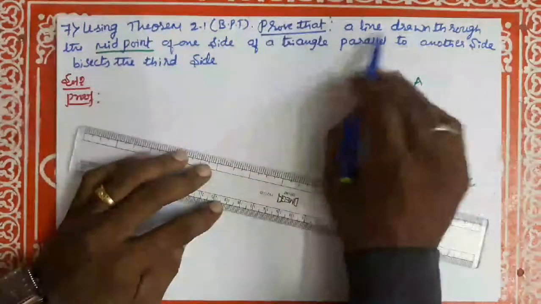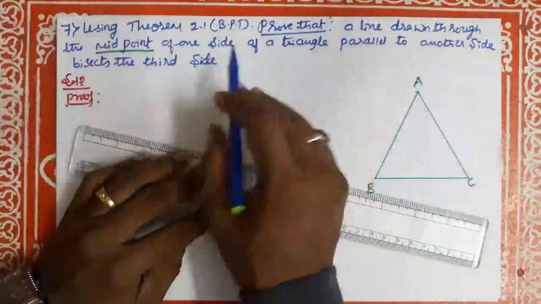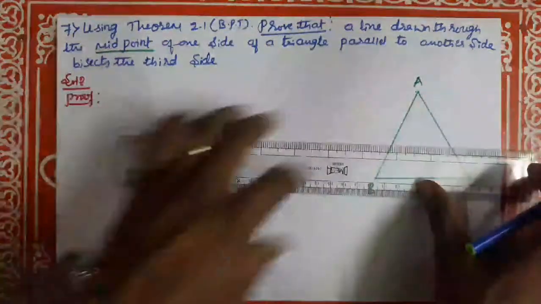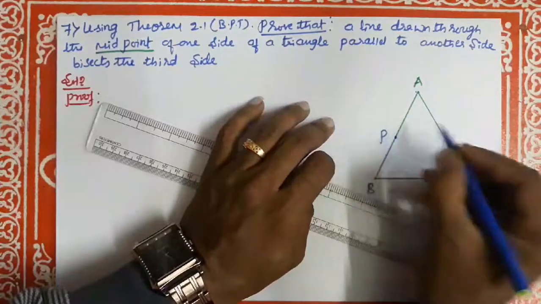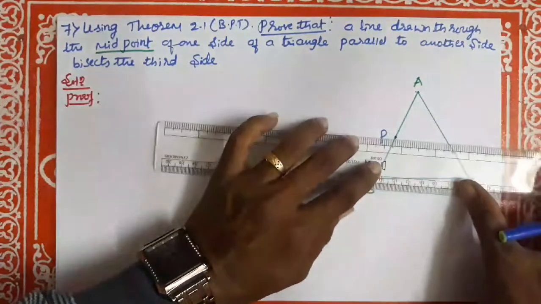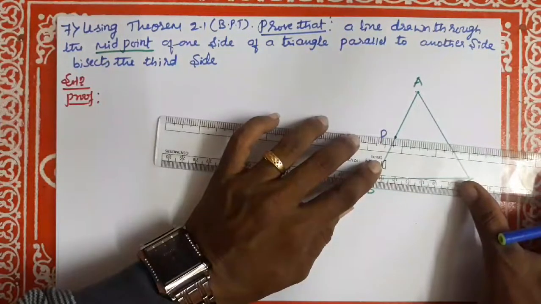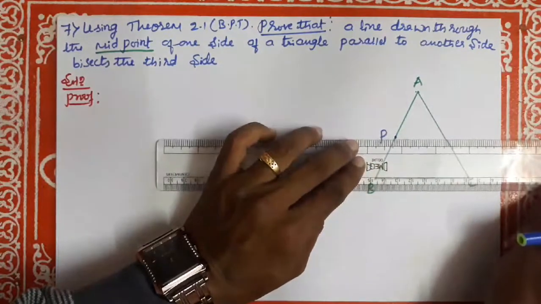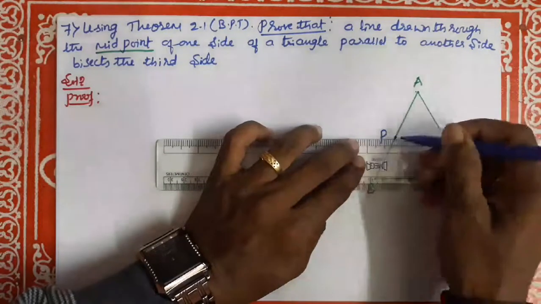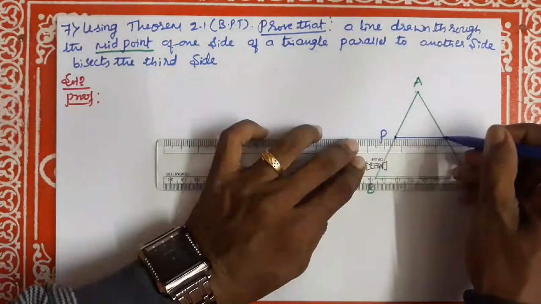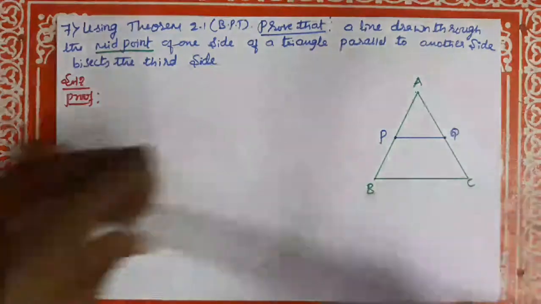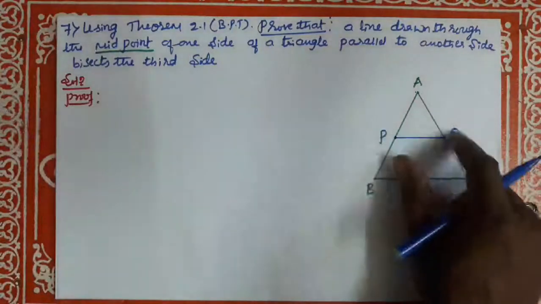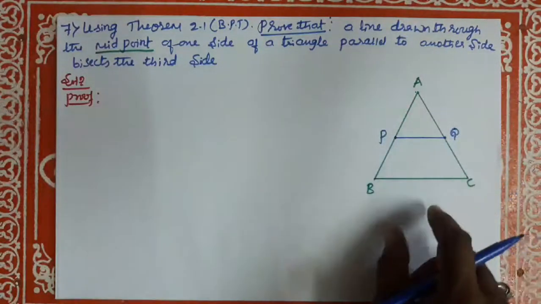See here, a line drawn through the midpoint of one side of a triangle. P is the midpoint of AB. See, PQ is parallel to BC.